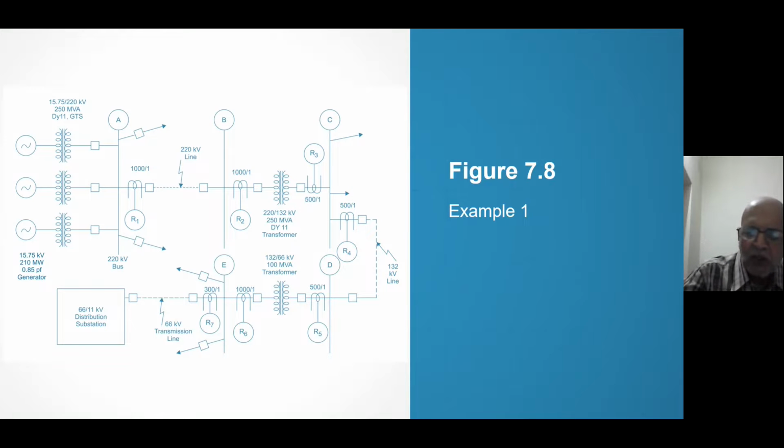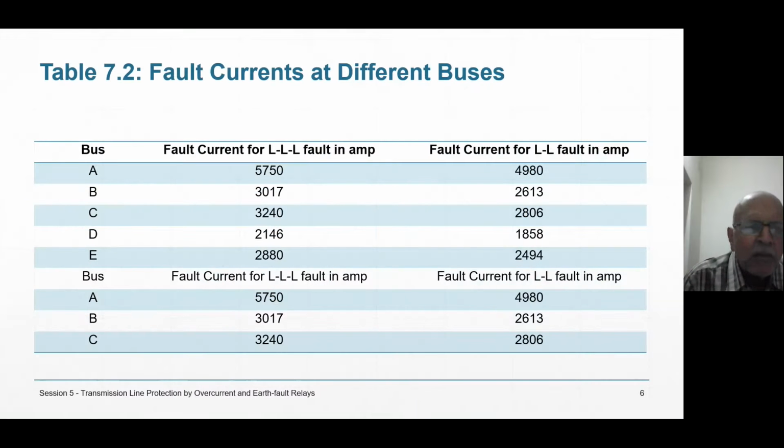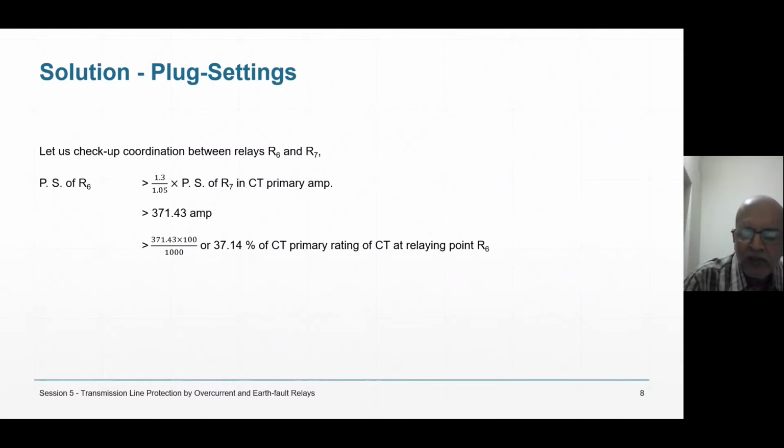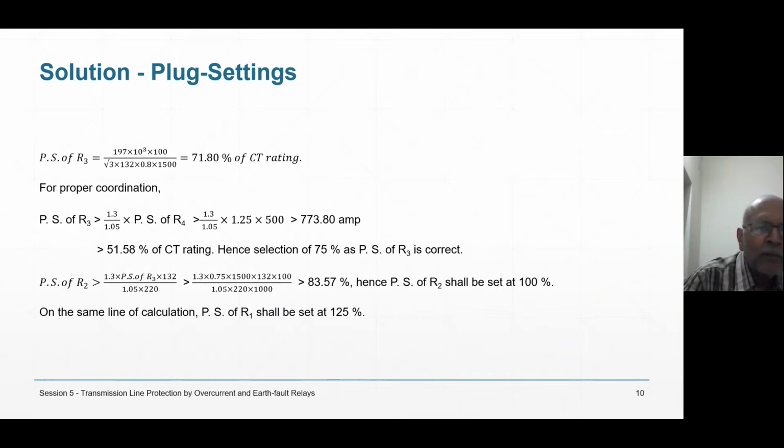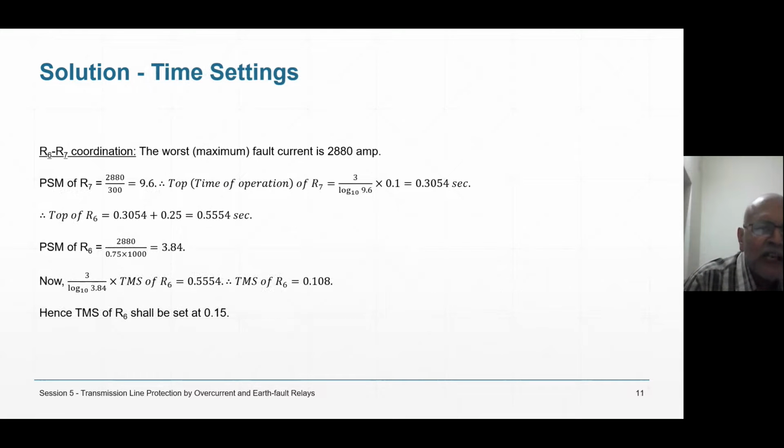So the maximum fault current for fault at bus E is 2880. So I am taking 2880 for time setting. Alright, let me check up. 2880 I have taken, 300 is the CT and 100% was the plug setting.